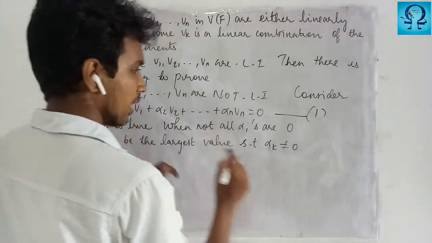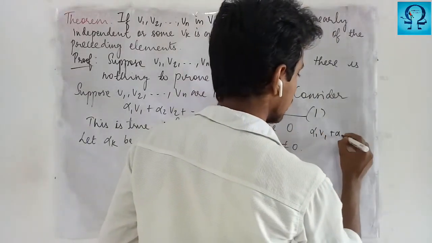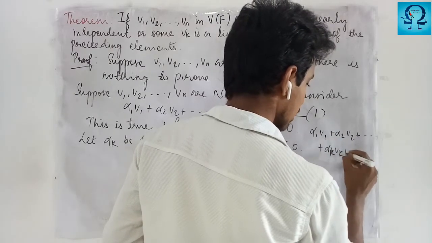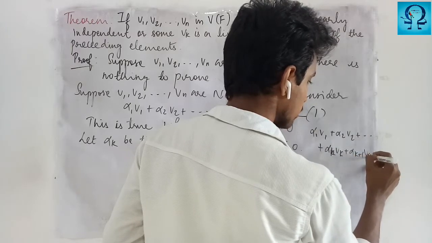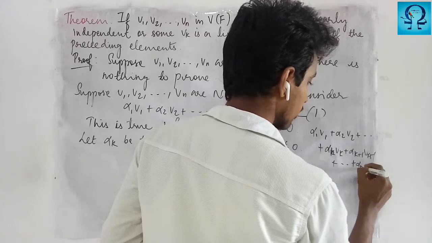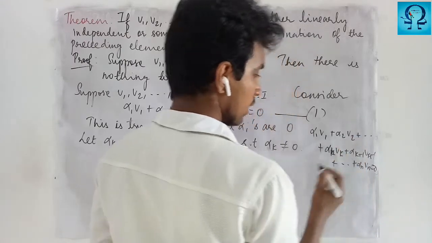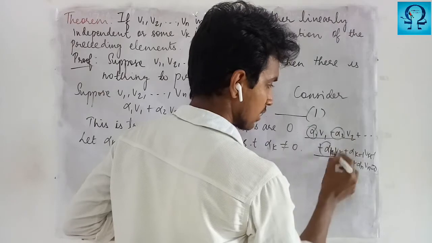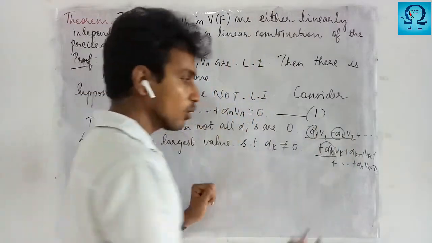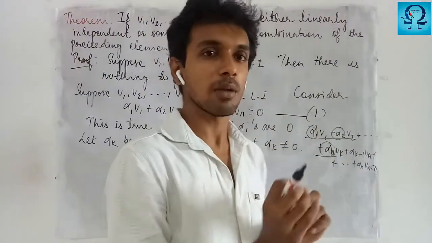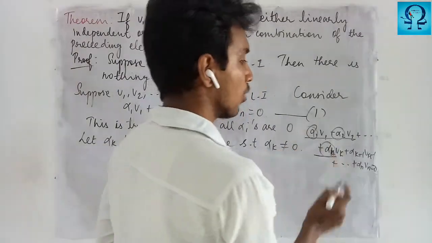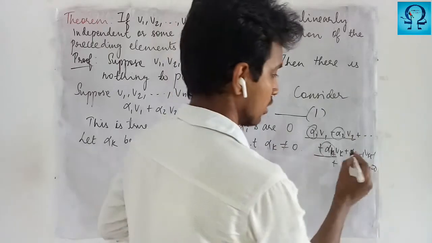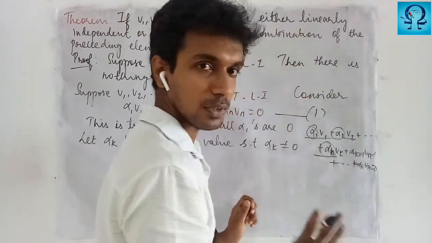Here what has actually happened is alpha 1 v1 plus alpha 2 v2, going till alpha k vk plus alpha k plus 1 vk plus 1, going till alpha n vn, which is 0. Here what we are assuming is that not all these alphas are 0, which means there may be some zero possibility. Out of that, all those zeros I am writing on the rightmost side. So these entries are 0.